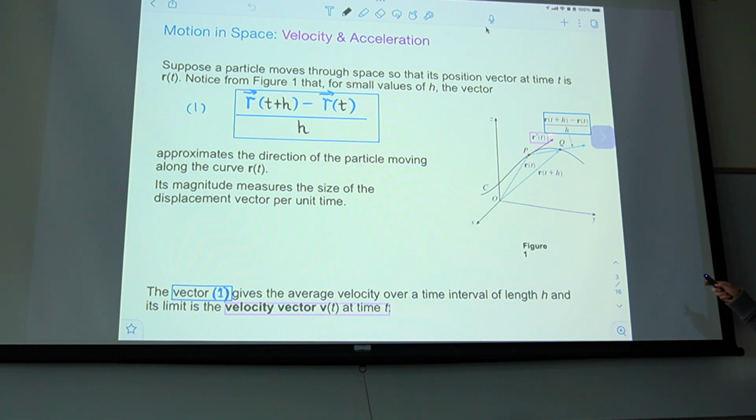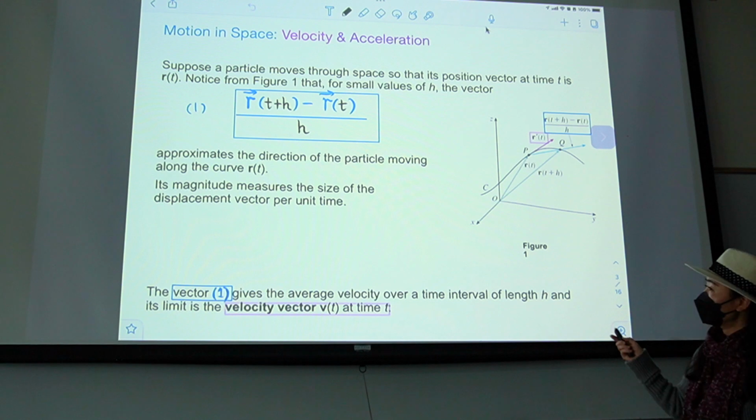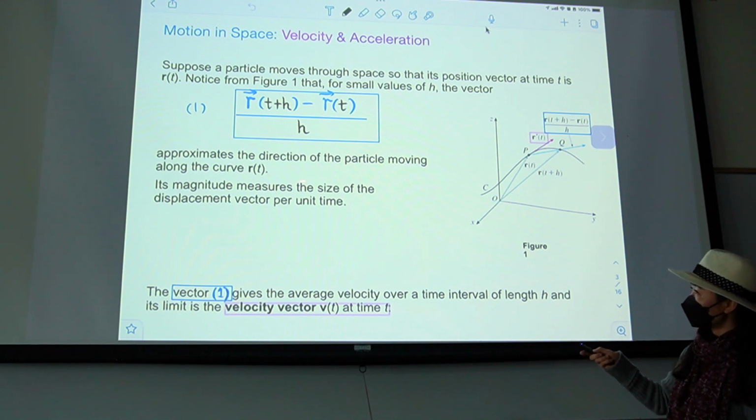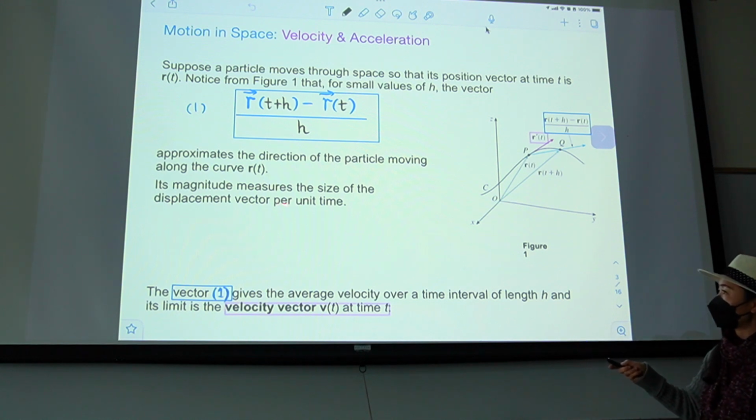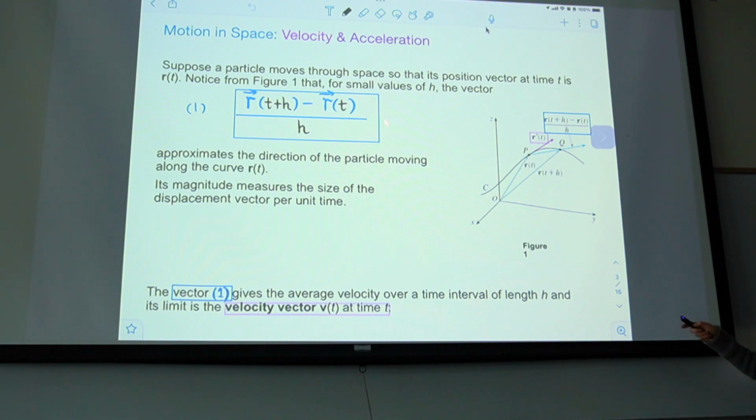Its magnitude measures the size of the displacement vector per unit time. Subtracting the two positions gives the displacement, and h here is the change in time.